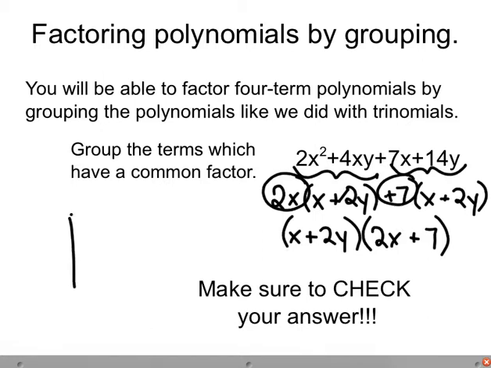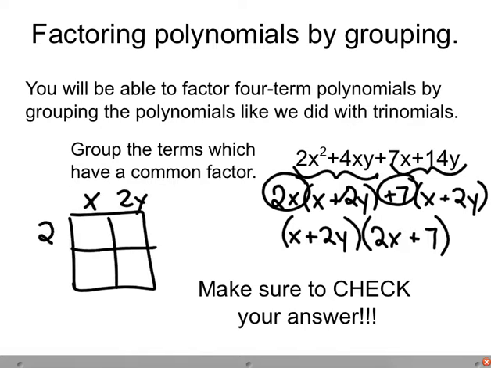I can use the box method to check my answer, to say x and 2y has been multiplied to 2x and 7. So we get a 2x squared, we get a 4xy, we get a 7x, and we get a 14y, which is exactly what we started with. And so this factoring, these 2 binomials, is the correct factorization.